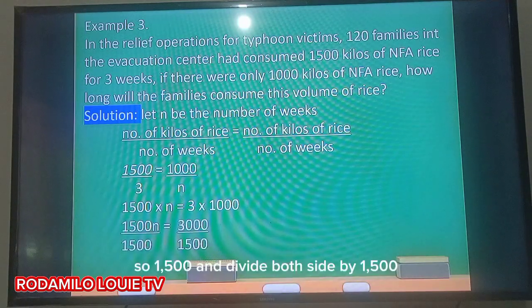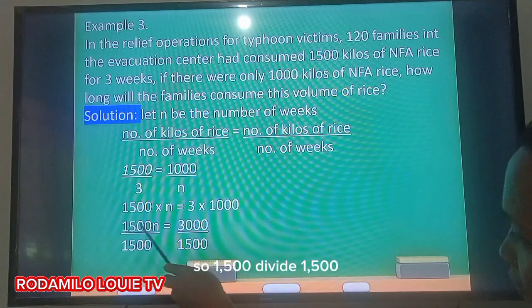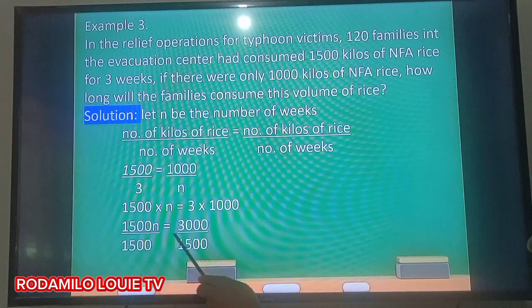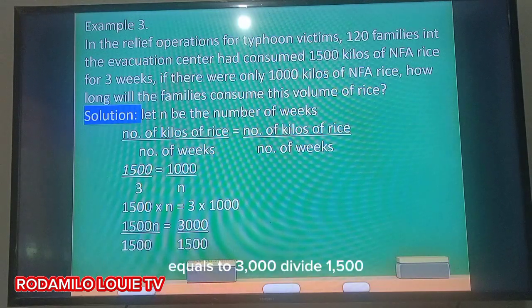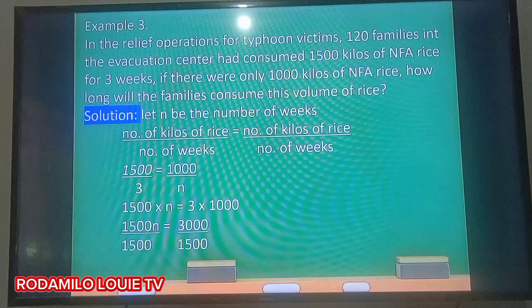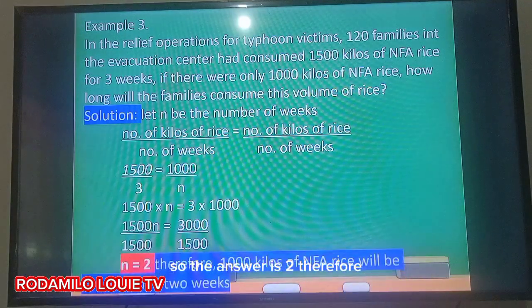So 1,500n, divide both sides by 1,500. So 1,500n divided by 1,500 is equal to 3,000 divided by 1,500. So the answer is 2. Therefore, 1,000 kilos of rice will be consumed in 2 weeks.